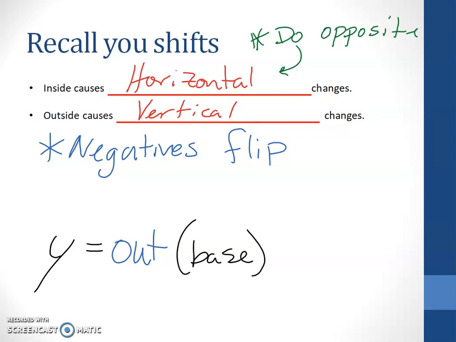The inside is anything that is actually up in the exponent. The only way you are going to get a horizontal shift is if something is inside the exponent. Anything out in front will be considered outside, which will cause vertical changes.